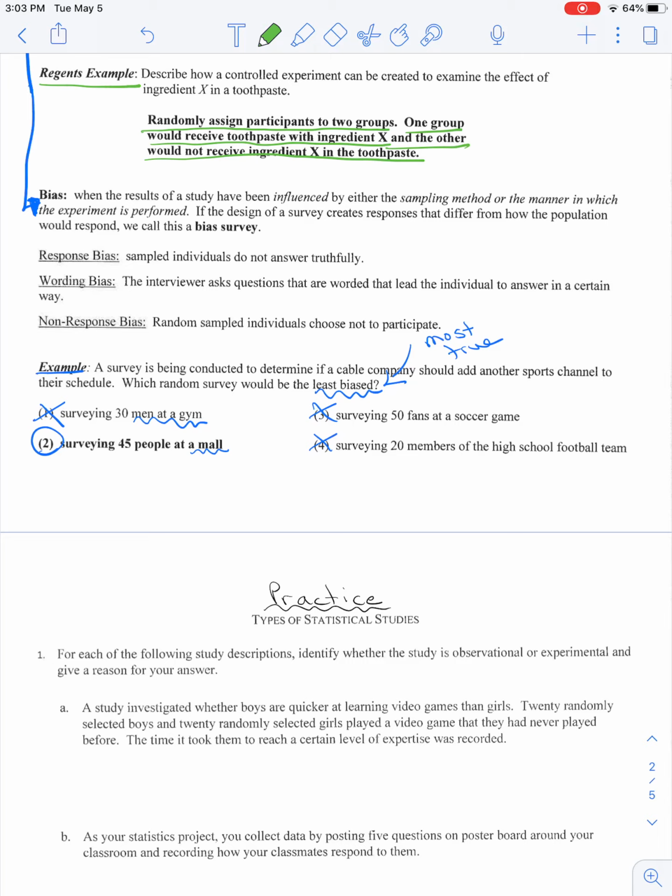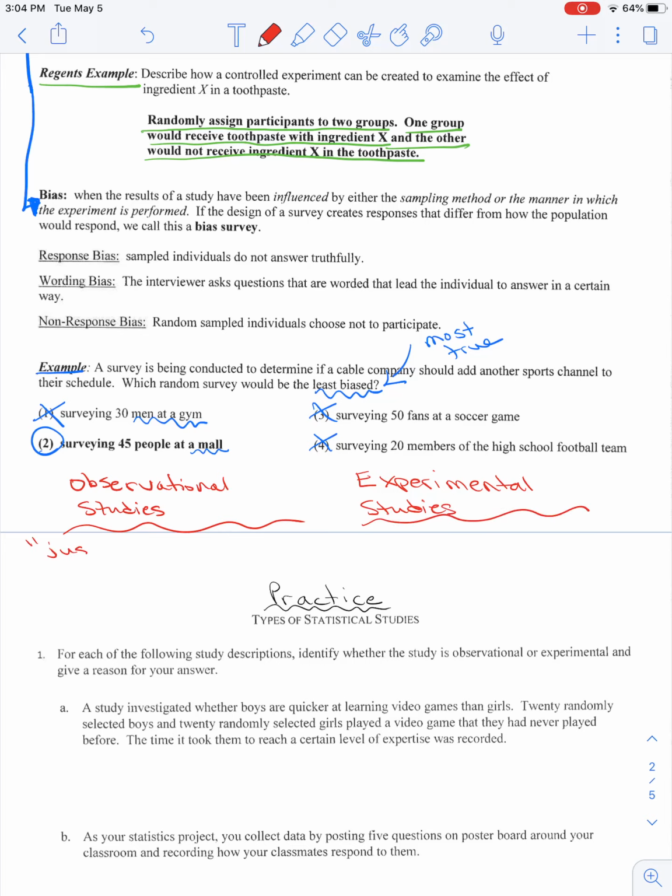So let's just do a little summary before we continue. We talked about observational studies and experimental studies. In an observational study, you just observe. There's no manipulation of variables.